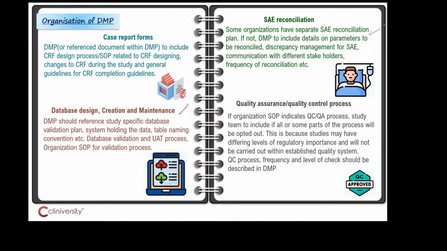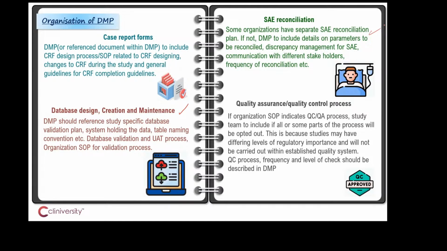So the DMP will therefore address what kind of checks to be performed. It will decide on and specify the required level of checking to be performed before the data collection begins. Then, depending on the type and regulatory importance of the study, different levels of checking may be implemented. An example would be an observational study will only need a minimum level of checking. But if it's a highly regulated drug or device study, it will require a more stringent level of QC checking.